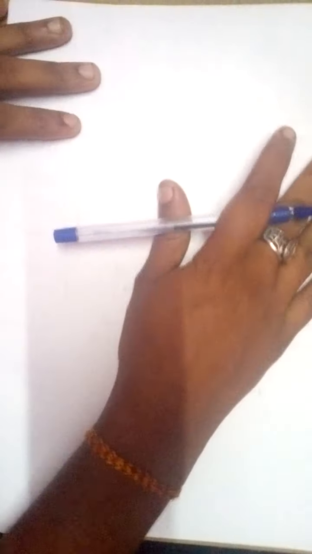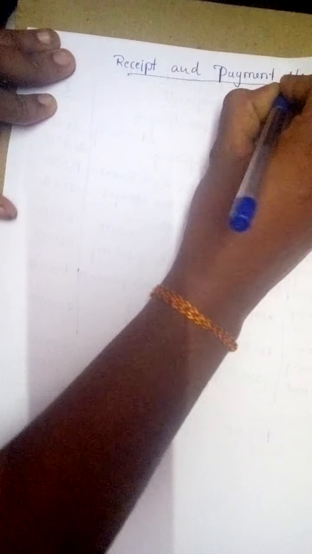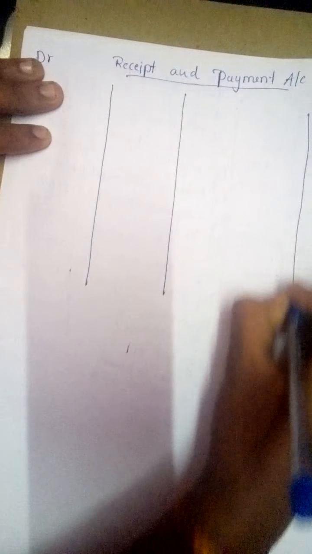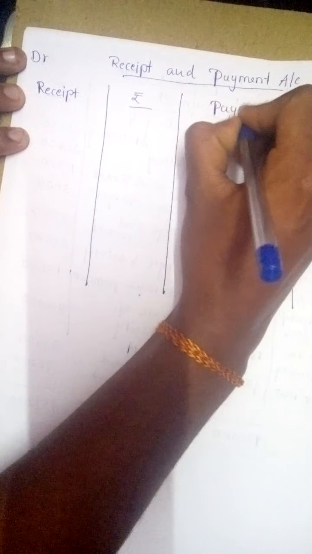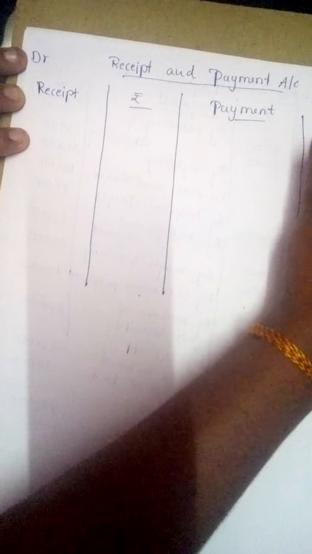So first what we need to do, we need to prepare the format, that is receipt and payment account, debit side, credit side. Debit side is for receipt, then amount, and next credit side is the payment side, payment, then amount.